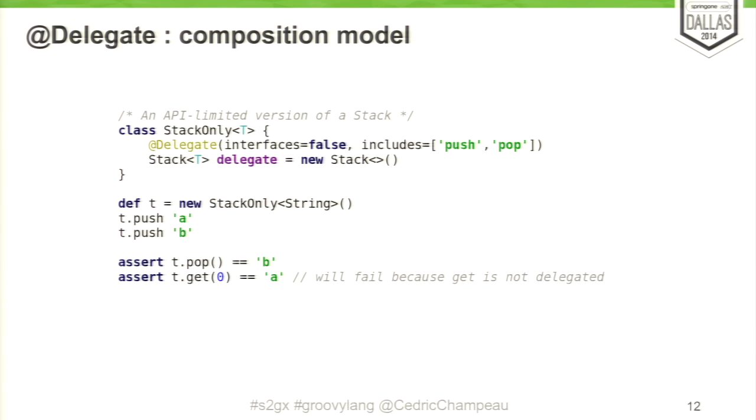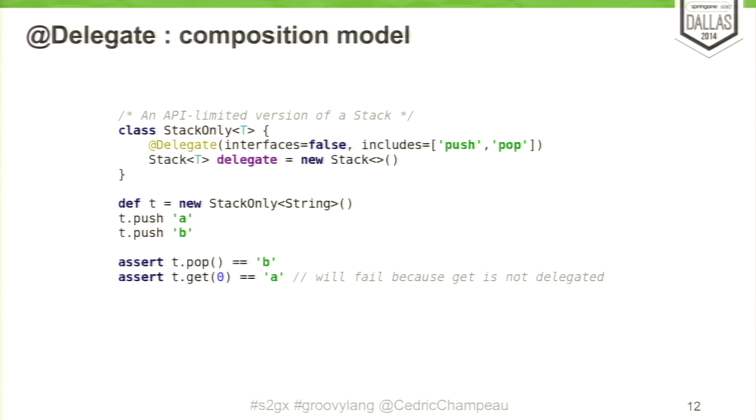So why I'm showing this is just to show you that the delegation model is actually appropriate when you want to delegate some methods and you don't necessarily want to expose the interfaces. You want to expose a subsystem, right?